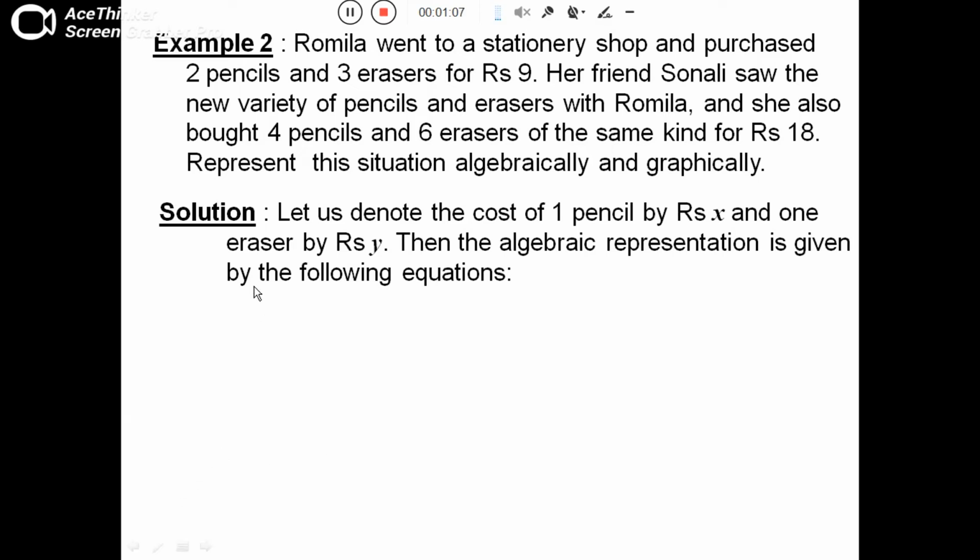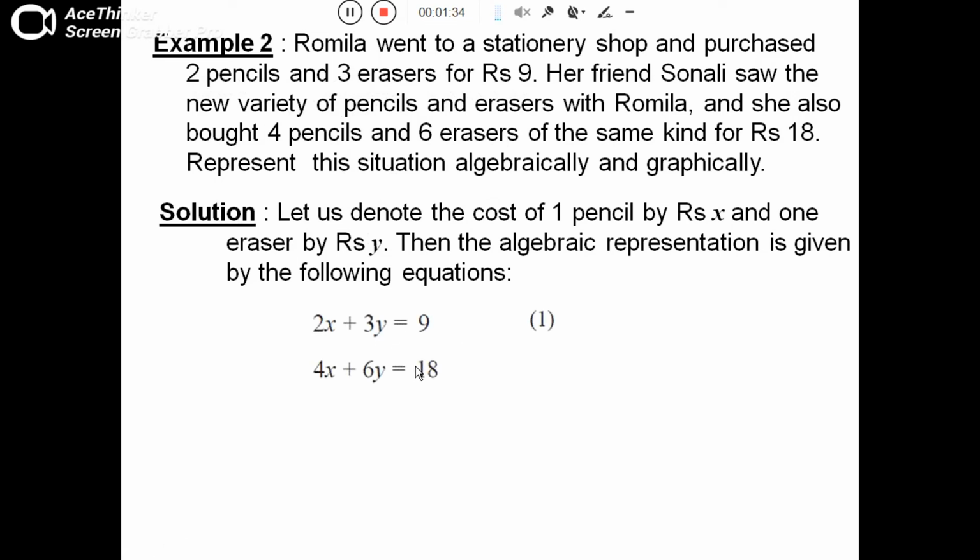First condition: 2 pencils and 3 erasers for ₹9. The cost of 1 pencil is ₹x, so the cost of 2 pencils will be 2x, and the cost of 1 eraser is ₹y, so the cost of 3 erasers will be 3y. So the total cost 2x plus 3y equals 9, equation number 1.